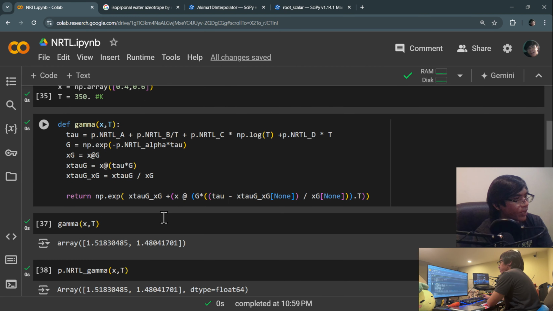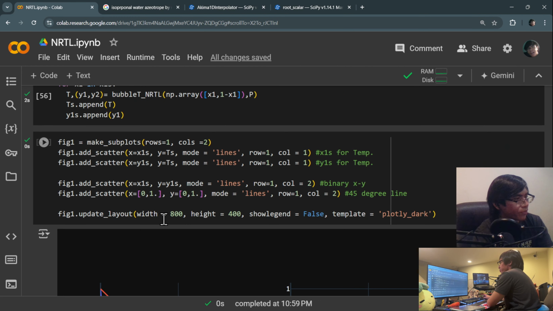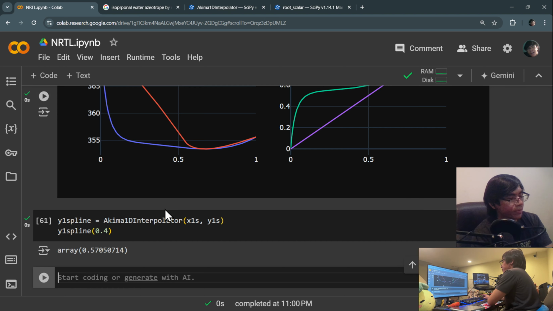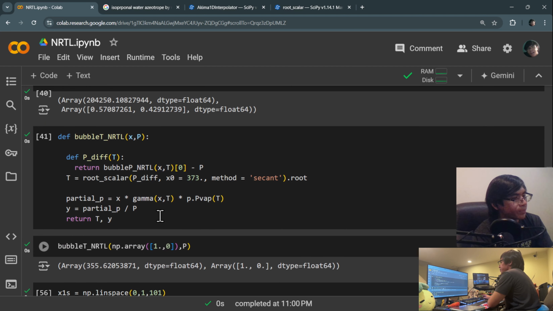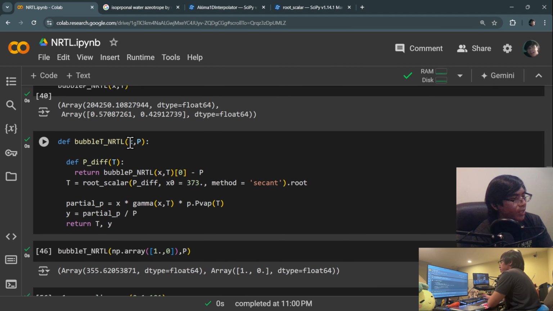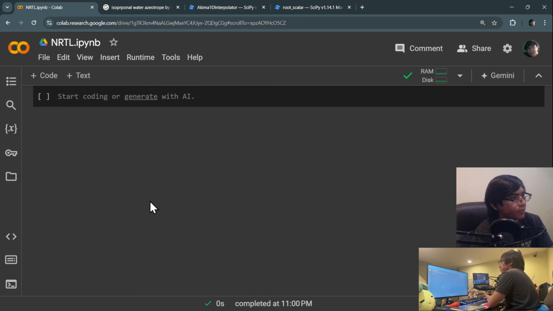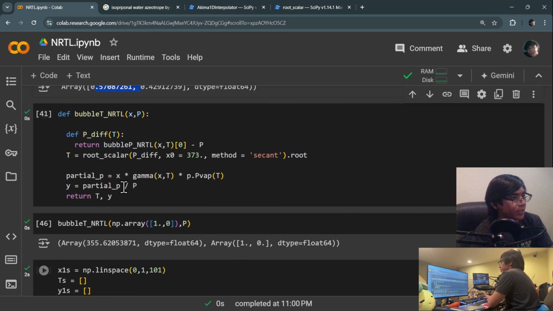Or is it 0.4? I'm sorry, looking at the wrong thing. No, it's 0.5. So when I input an x, oh, here we go. Is it this one? Yeah, okay. So that's what I was trying to find.